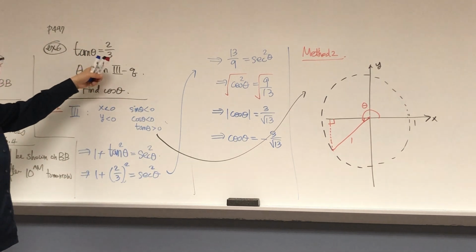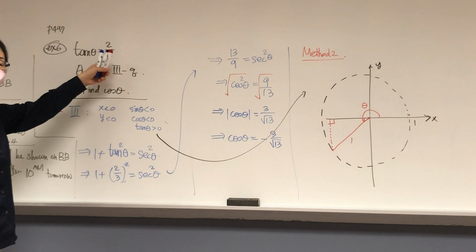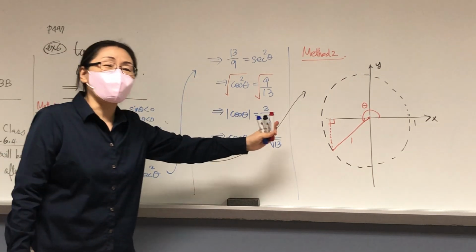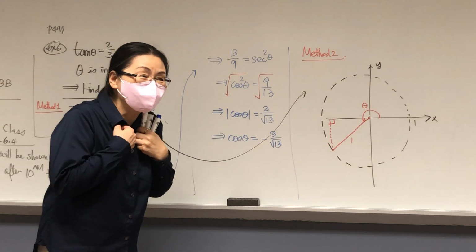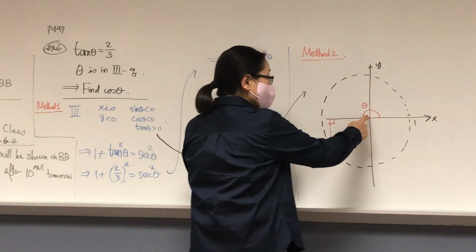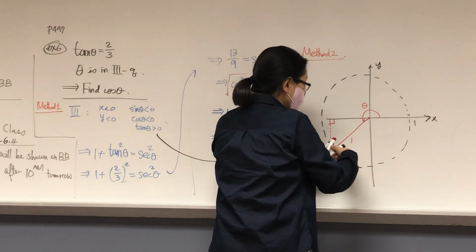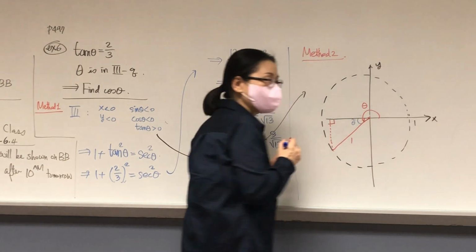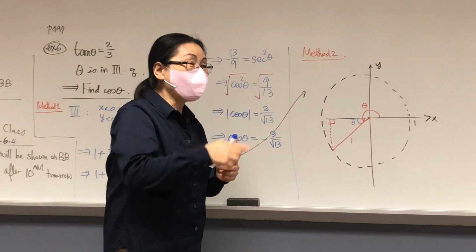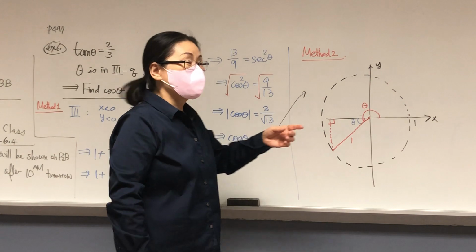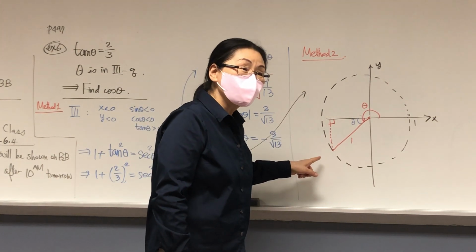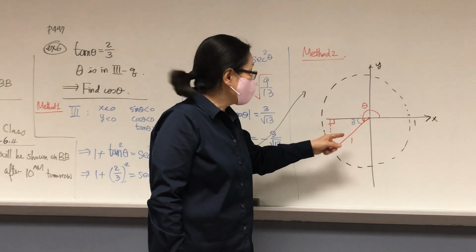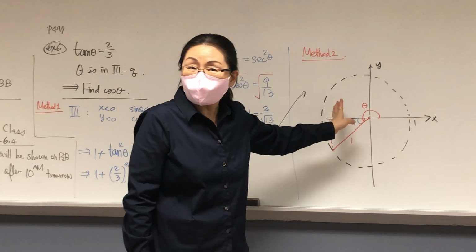Now, tangent theta is 2 over 3. I'm not happy about it. Yes, this method is very bad in that case. Why am I hesitating? Because this is theta, and this is theta tilde, am I right? And I see why Magnoli talked about this. This is 1. So we have to know about this x and this y. This angle is not a special angle, so it's not easy.